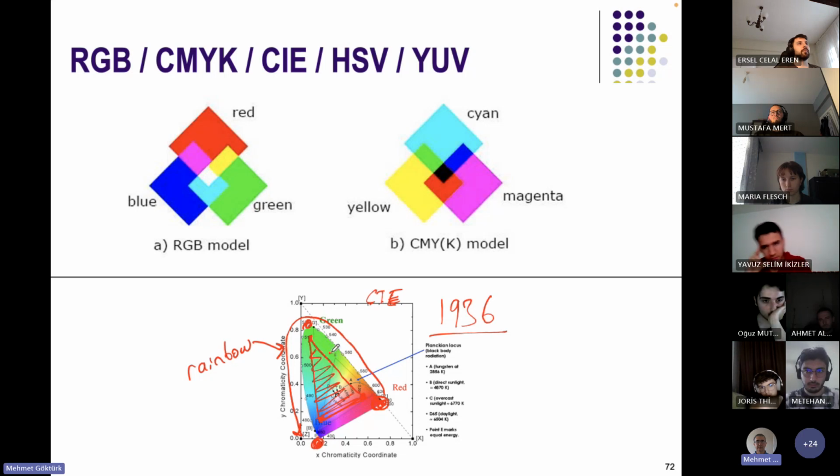The colors outside of the triangle cannot be generated by that device. So if you have a good device, a good brand, more expensive ones, usually they use sources which are closer to the edges. If it is cheap, they are closer to the middle.